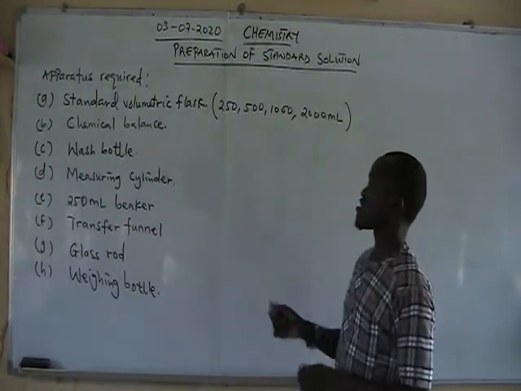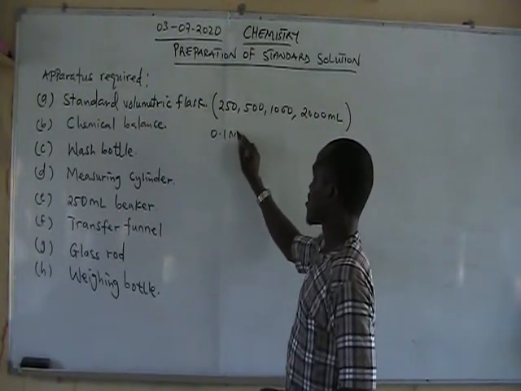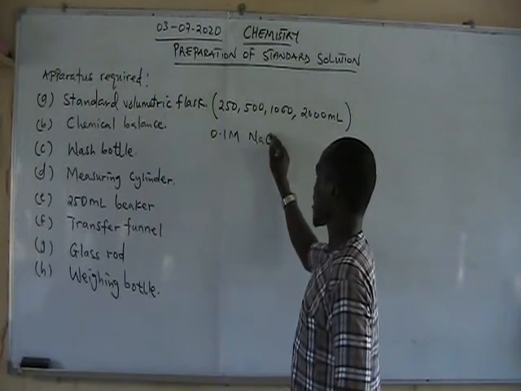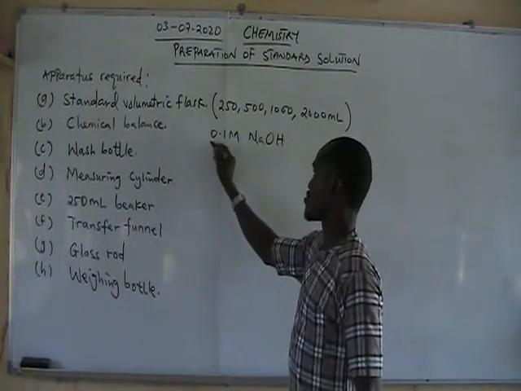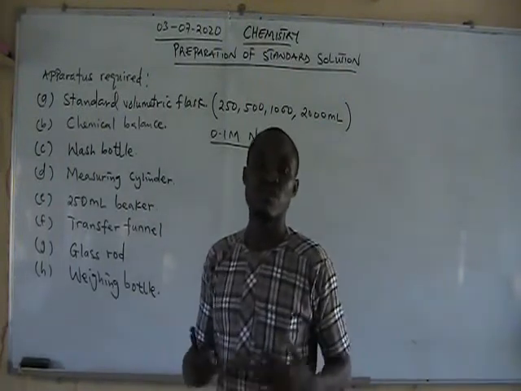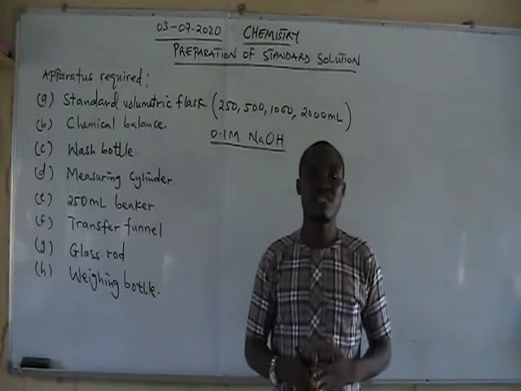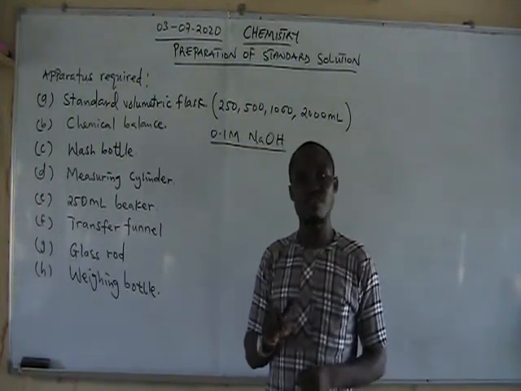So assuming that we want to prepare 0.1 molar sodium hydroxide solution. What do we do? First of all, you have to calculate the mass of the sodium hydroxide pellet that you want to dissolve in distilled water.